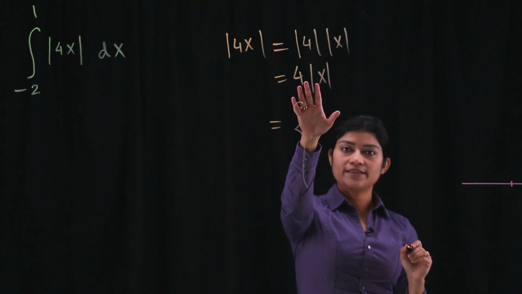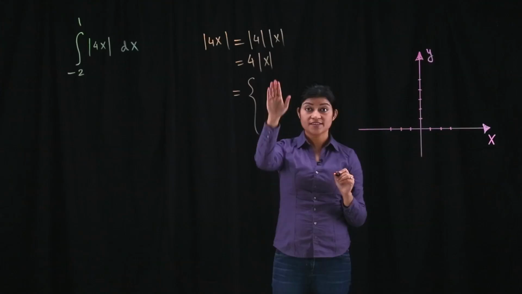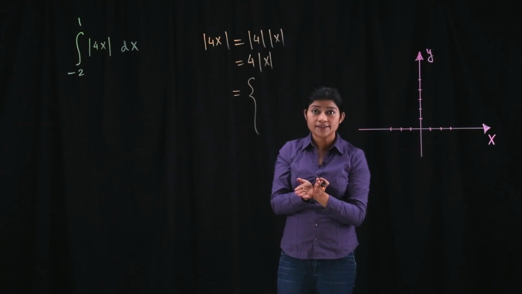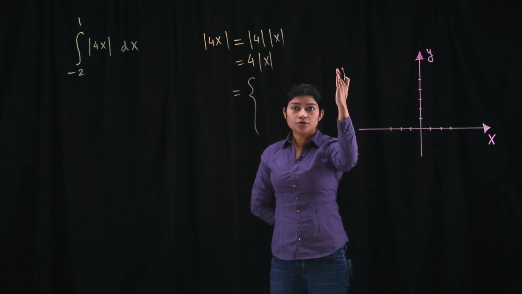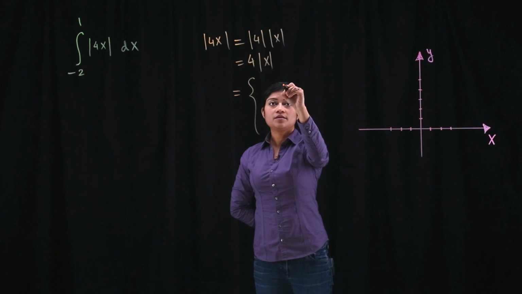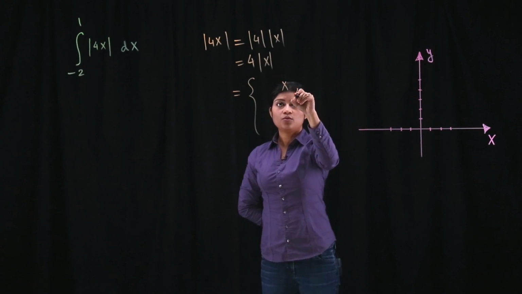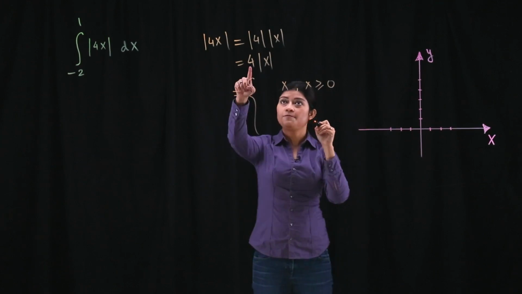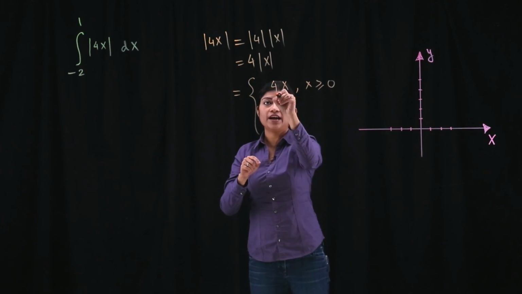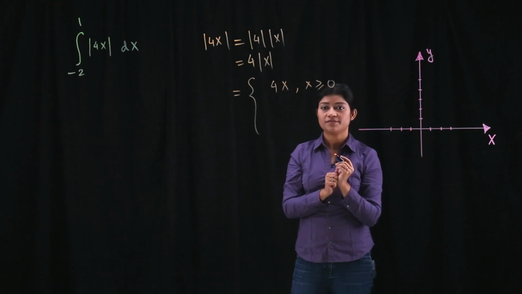Let's split this function into 2 parts because it's made of 2 different lines, and let's understand it. Now, remember, what is absolute x? It is positive x when x is positive. But this is 4 times, right? So it will be 4 times x when x is positive.